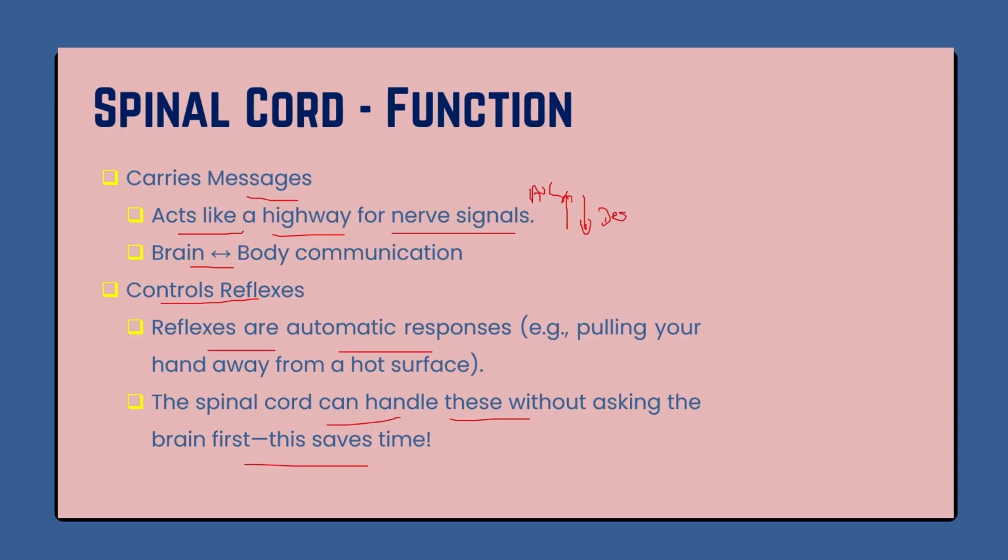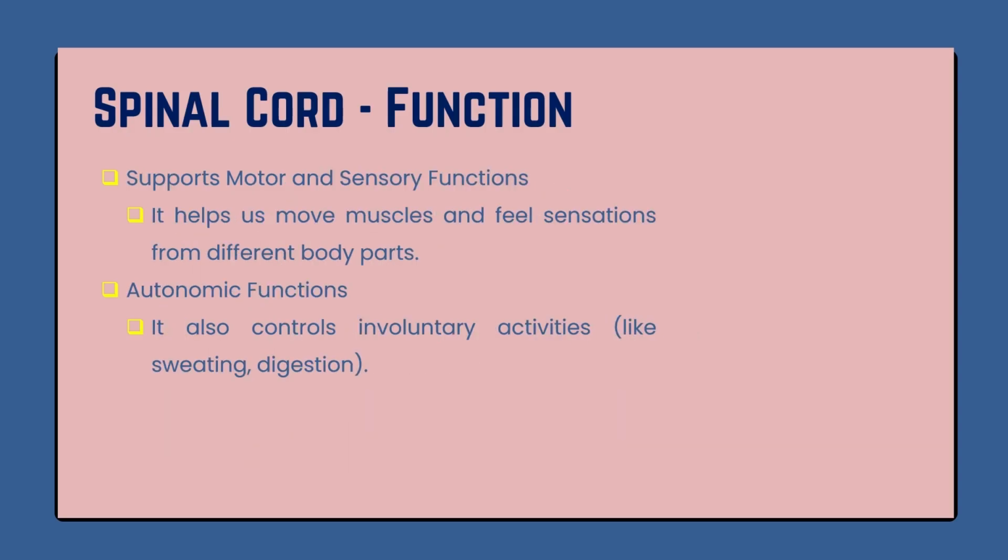It saves time. Then it supports motor and sensory functions. Spinal cord helps us to move muscles and feel sensations from different parts of the body. Why? Because it has sensory neurons, because of which it helps us to feel different sensations. Also, spinal cord is involved in autonomic functions, which are involuntary functions like sweating and digestion. All right.